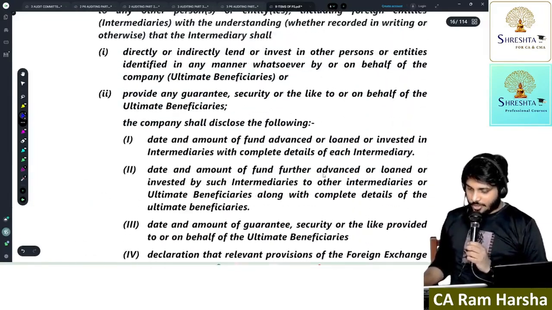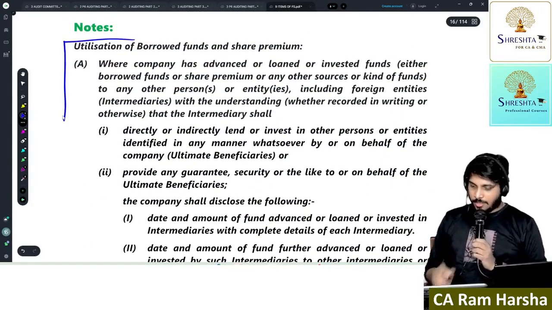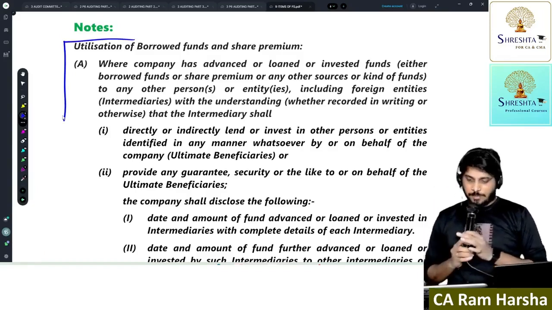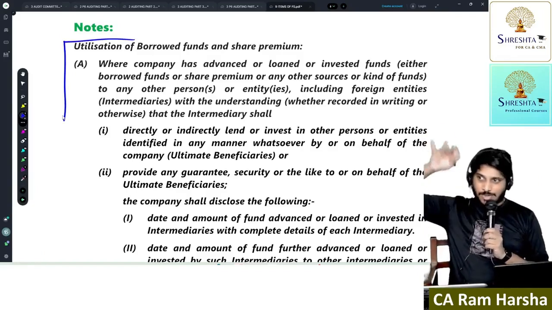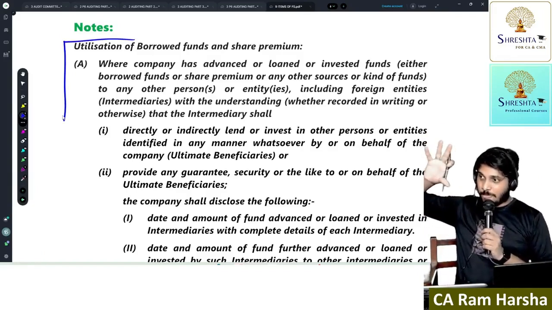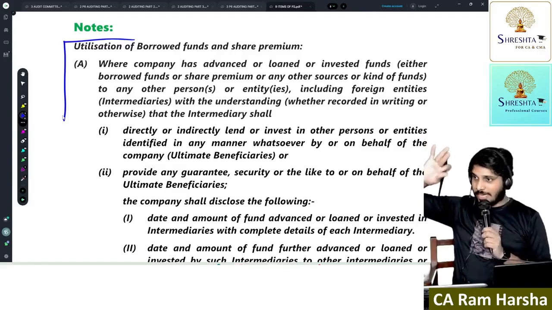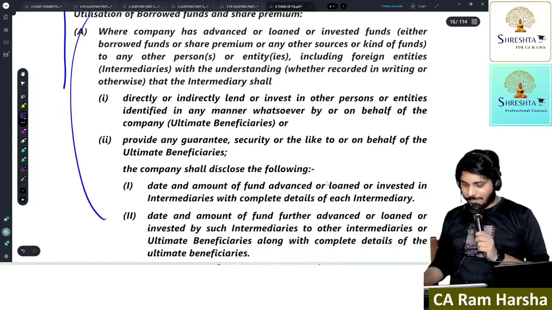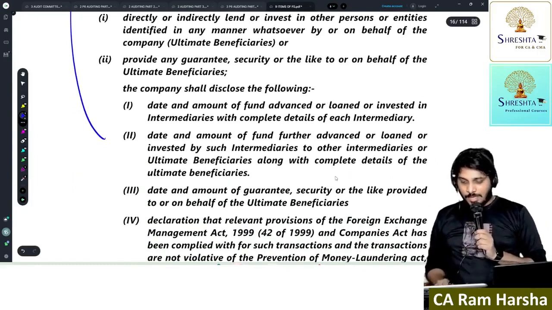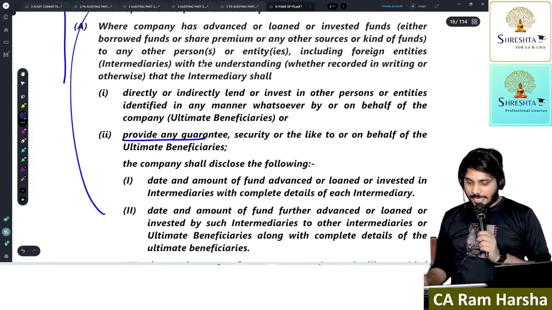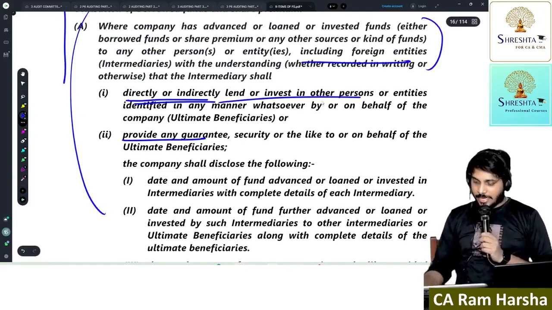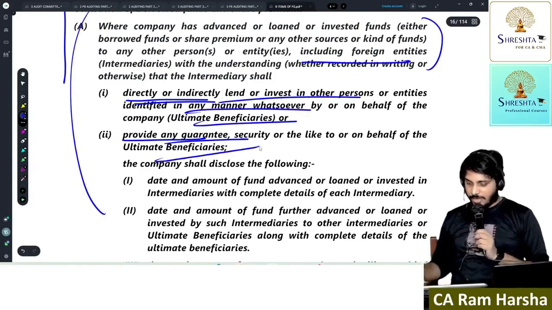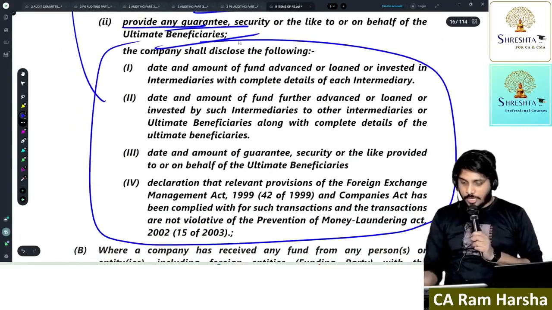This is regarding utilization of borrowed funds and share premium. Exactly, the 143 subsection 3 checklist item is there, no? Inside that, the last one covers foreign entity, intermediary, and funding party. Whenever a company has provided any guarantee, or has lent directly or indirectly to an intermediary, and the intermediary is directly or indirectly investing in another party or giving guarantee to another party, the company shall disclose the following.